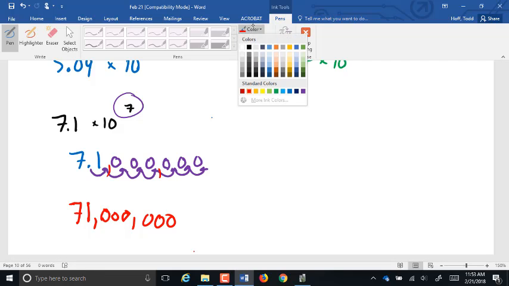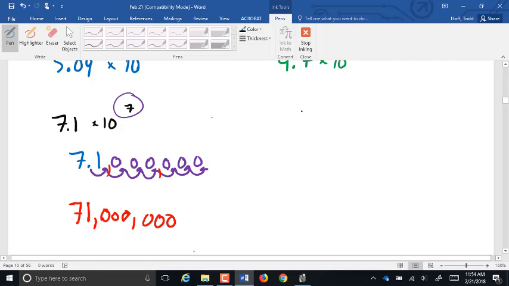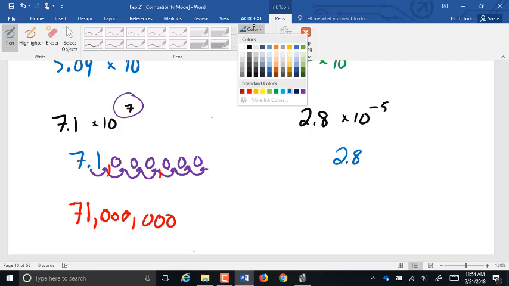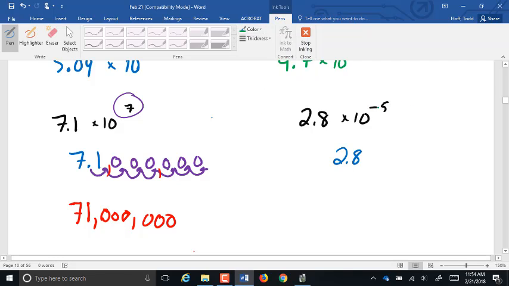Or we might have 2.8 times 10 to the negative 5. So again, we start with that 2.8. And the negative 5 means our decimal point has to move 5 spots. It's negative, so that means it's a small number. So we're moving it 5 spots to make this smaller. Move 1 spot, and then we start adding zeros again.